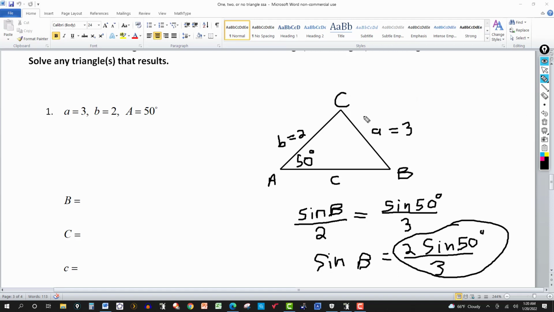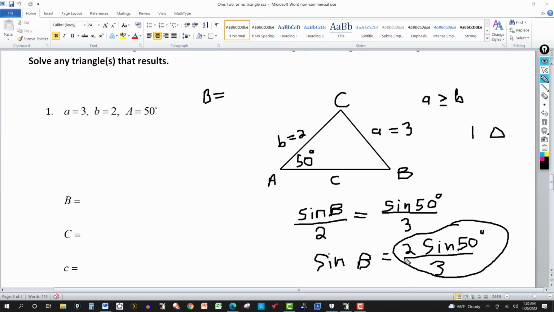But from what we talked about in the last video that I mentioned, if side a, that is the side opposite the given angle, in this case 50 degrees, this side 3 is larger than 2, if a is greater than or equal to b, in this case a is 3 and b is 2, you could have one triangle possible. So what I'll do here is sine B will equal 2 sine 50 over 3.